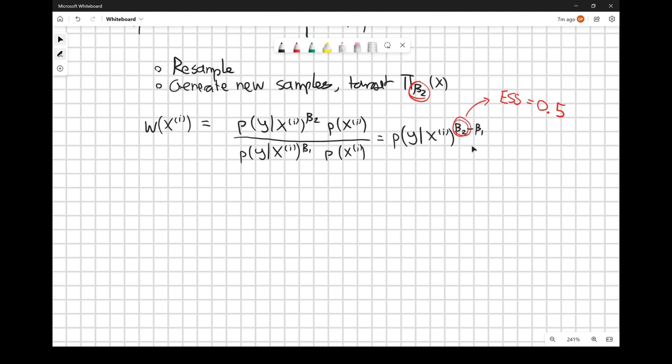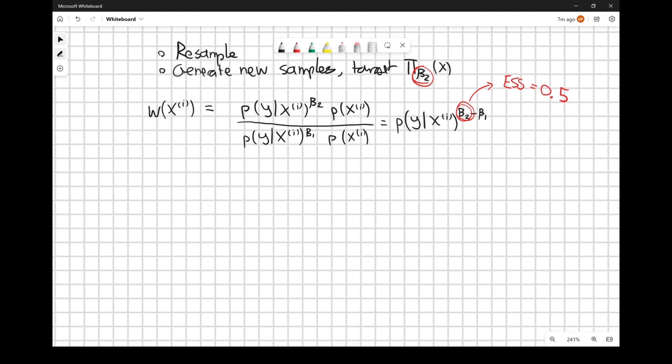Beta 1 is fixed, we decided that in the previous iteration of our sampler. What we need to do is pick a beta 2, so you can choose a beta 2, you can evaluate this term, that gives you your importance weights. Once you have the importance weights, then you can calculate the effective sample size.